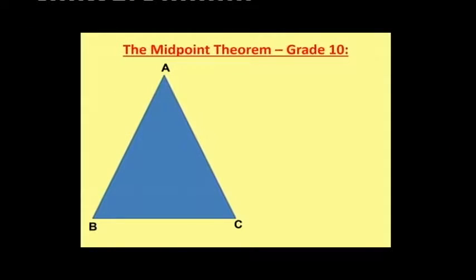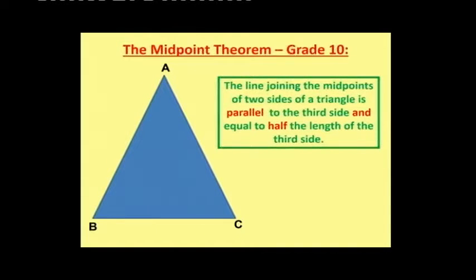What is the first thing that you need to know before we get to the theorems itself? In grade 10, you covered a theorem that we call the midpoint theorem. Just to refresh your memory, what is the midpoint theorem? The midpoint theorem states the line joining the midpoints of 2 sides of a triangle.